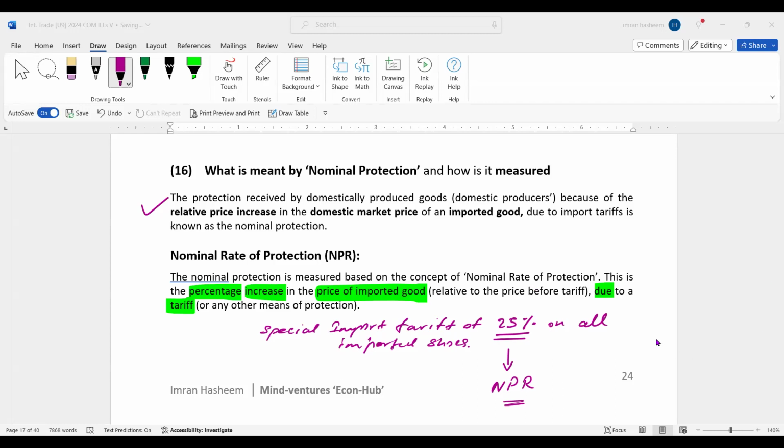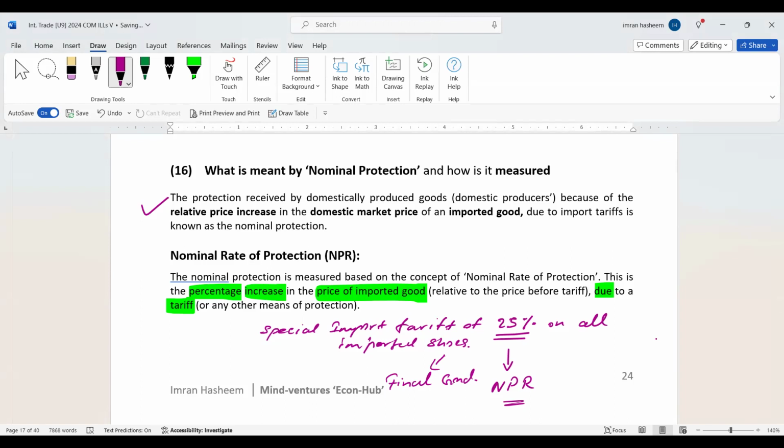The second problem with the nominal rate of protection is it only considers the tariff on the imported final good. Now the shoe is the final good. But there are Sri Lankan footwear manufacturers, no? They also import a lot of raw materials, intermediate goods. Sometimes the government has tariffs on the intermediate goods, so it is negatively affecting the domestic producer.